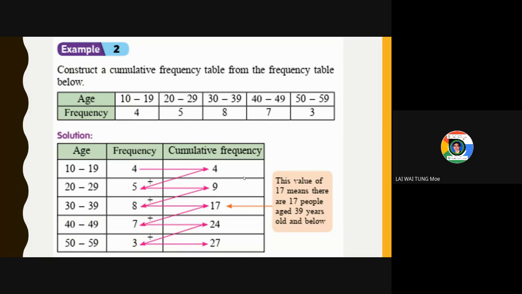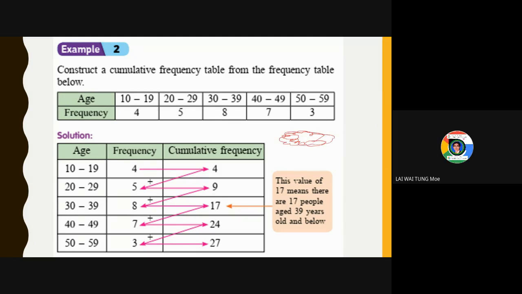So you need to know how to find the cumulative frequency, given a table of data. So this is how we find the frequency, cumulative frequency. Can you see my drawing here? Yes, sir. Okay, very good.